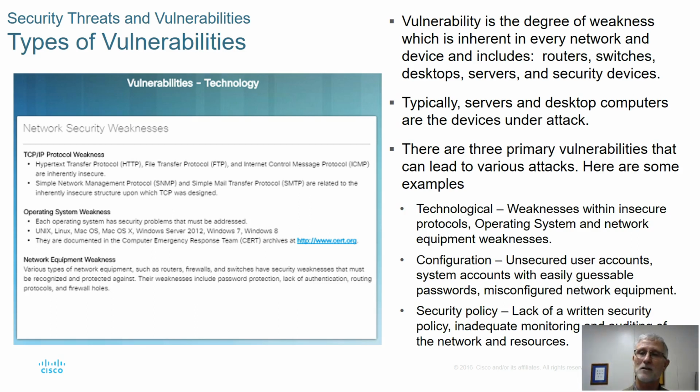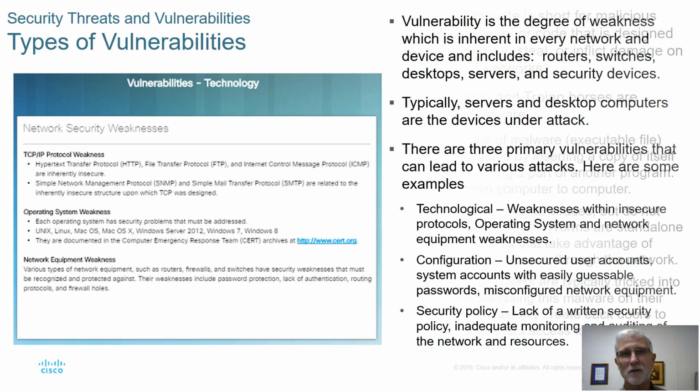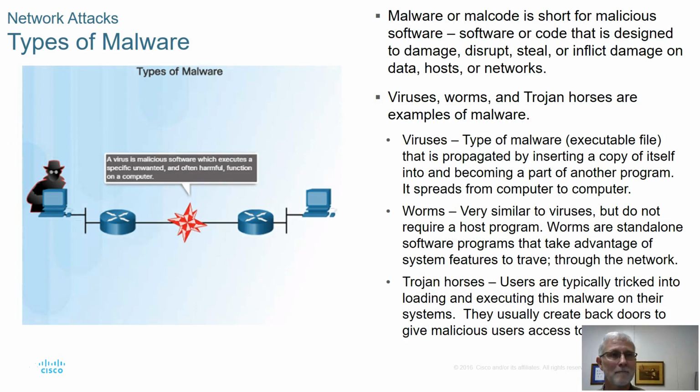So maybe the technology one is I'm stuck on an old protocol or an old operating system that has a security weakness. Configuration is I've got unsecured system accounts or passwords that are easily guessed. Security policy is I don't have a written policy as far as how I'm going to monitor and maintain the network and its resources. So those are kind of the types of vulnerabilities that come into play.